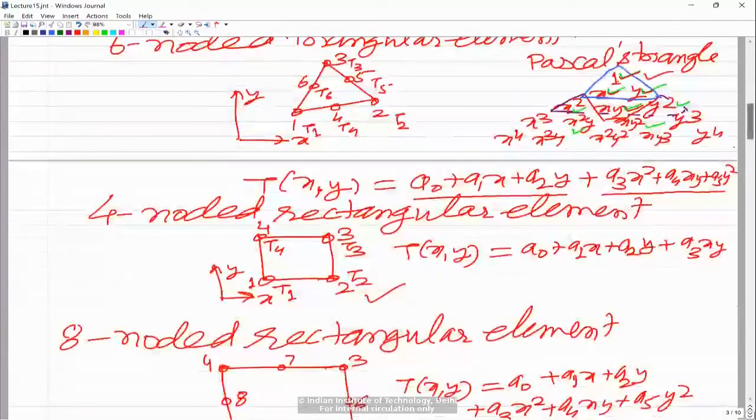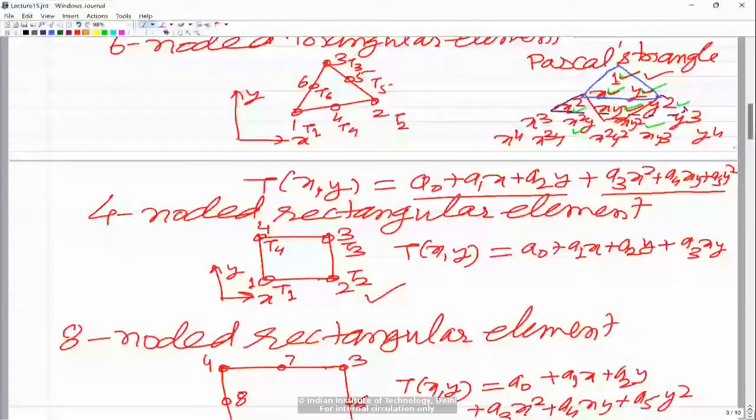In the 8 noded element we have already included the terms tick marked in green color. Now we want to add just one more term. Which one should we add? We cannot add x cube or y cube, because we need only one, and if we add either x cube or y cube, the approximate solution will not be geometrically invariant. If we interchange x and y, the form would change.